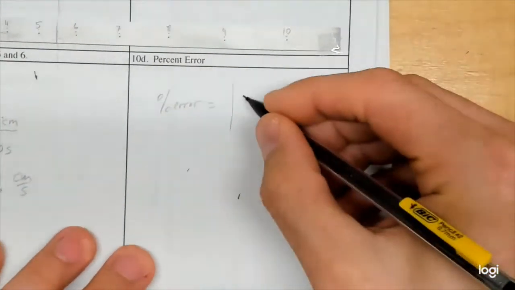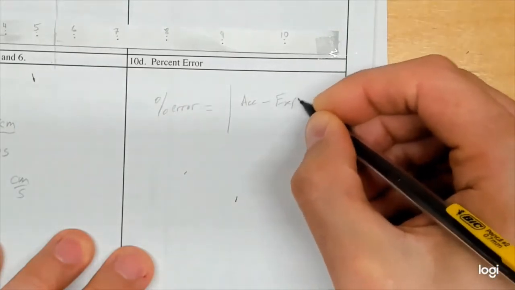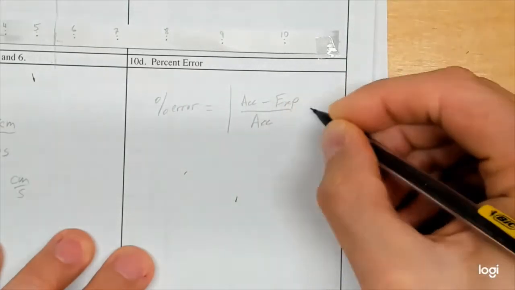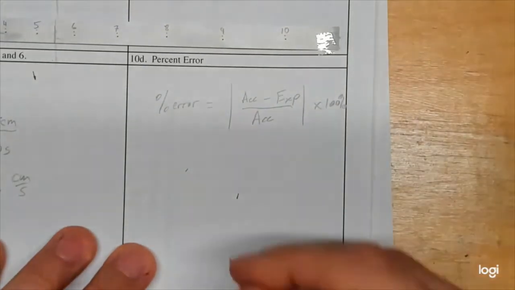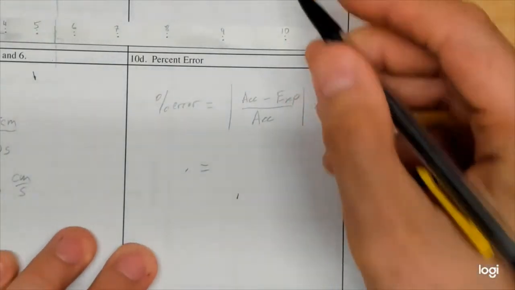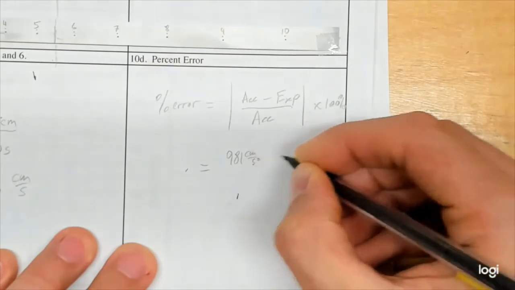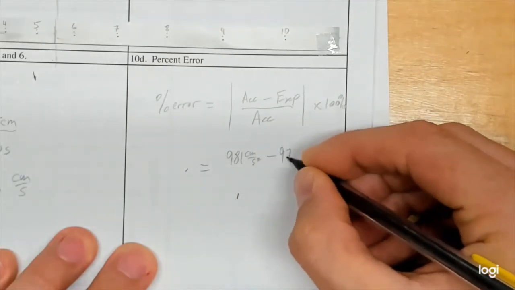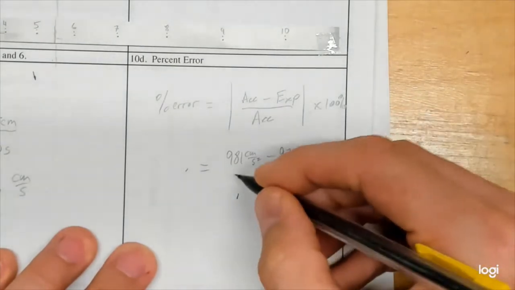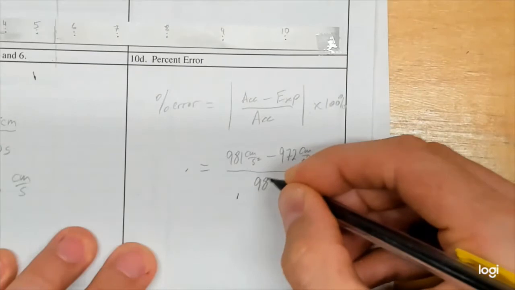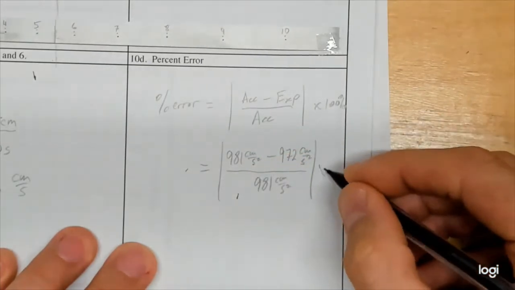And the percent error formula is the accepted value minus the experiment over the accepted value times 100%. So what I have is the accepted value is 981 centimeters per second squared minus 972 is my experiment, all over 981 absolute value times 100%.